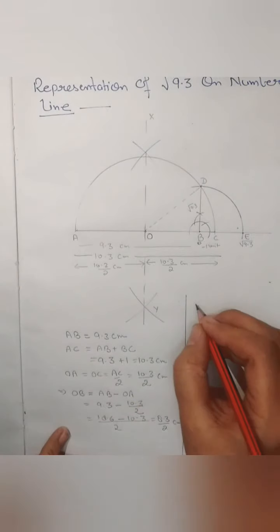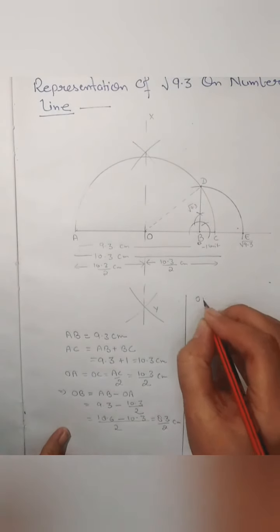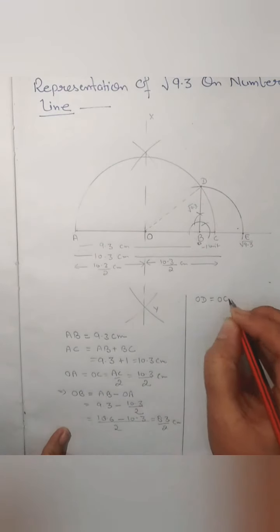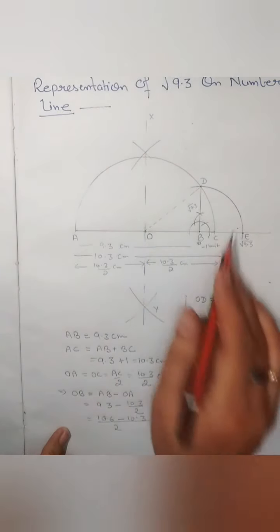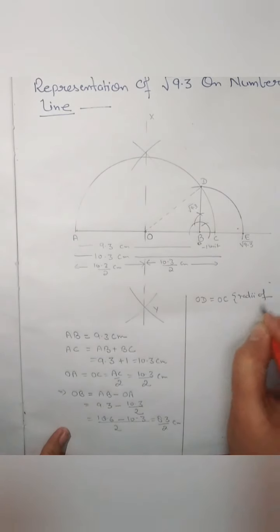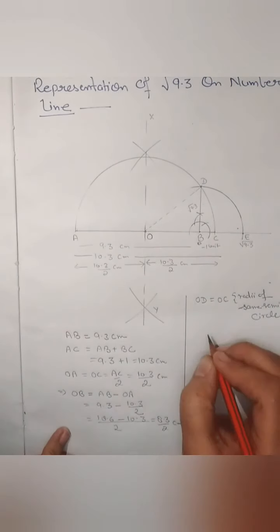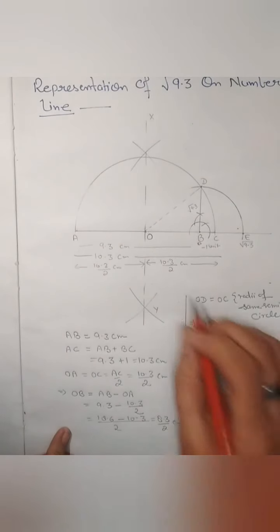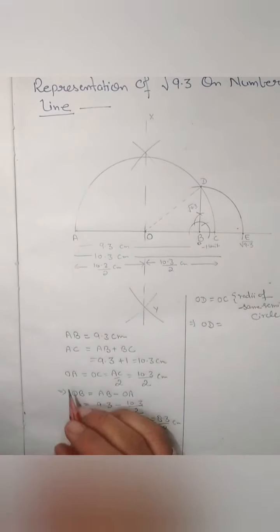if we see OD, it is equal to OC. We can see these are radii of the same semicircle. It means OD will also be equal to OC, and OC is half of AC.